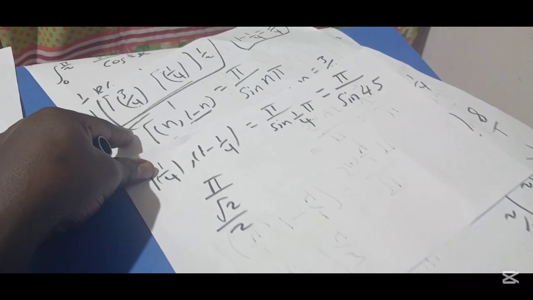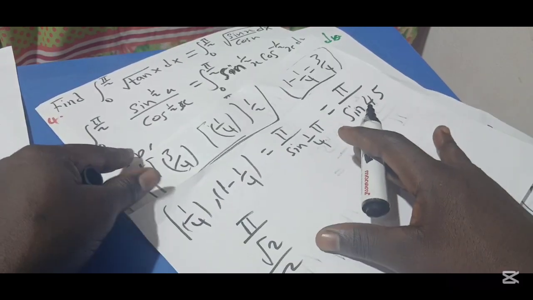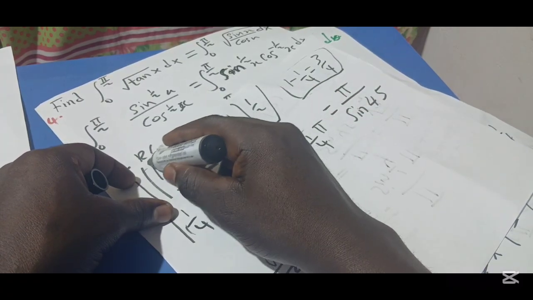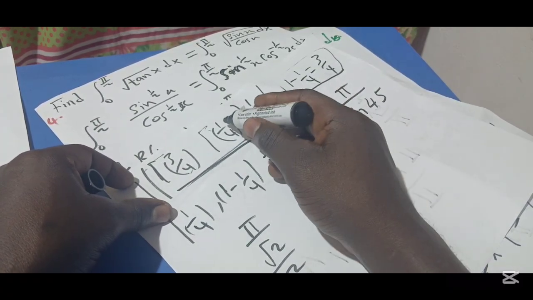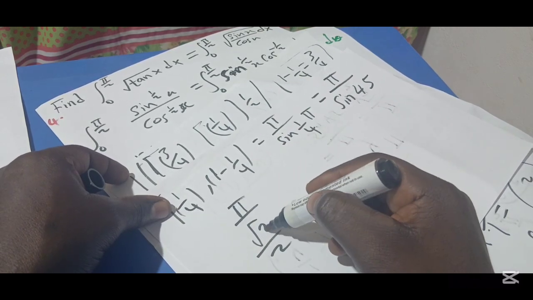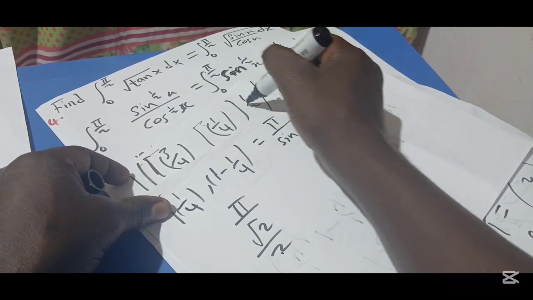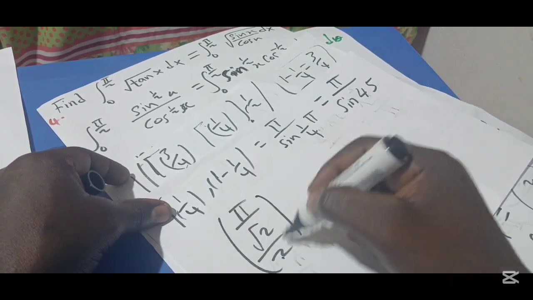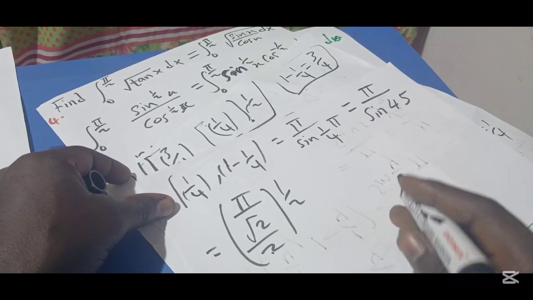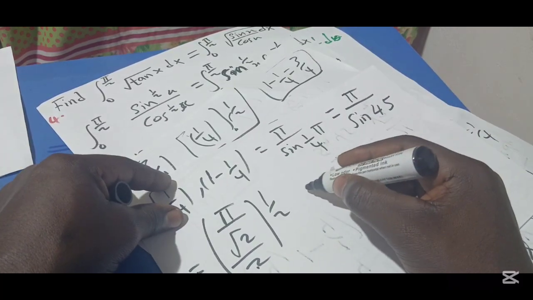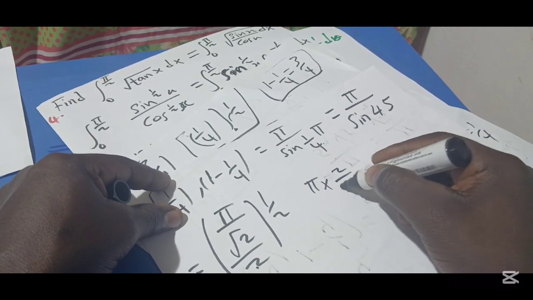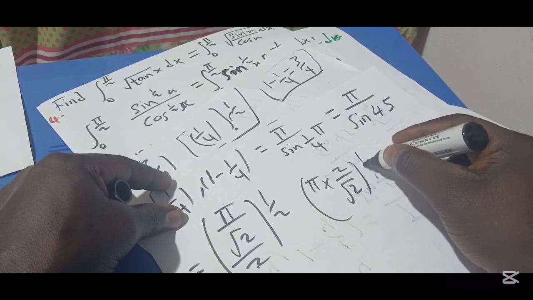So now let's go back to our main problem. A whole of this term, gamma 3 on 4, gamma 1 on 4, equals pi on square root of 2 on 2, multiplying half. So just multiply everything here by half. Now let's evaluate this further. What is in the bracket here? We can rewrite it as 2 on square root of 2 multiplying half.